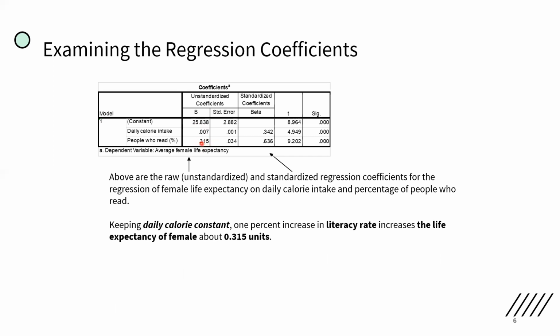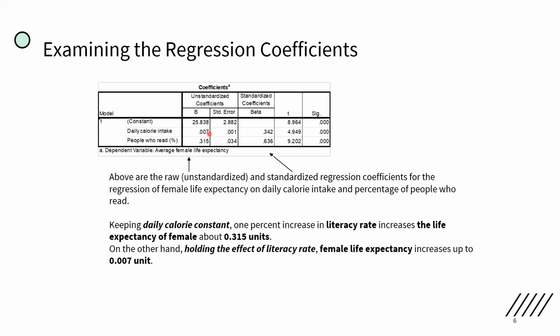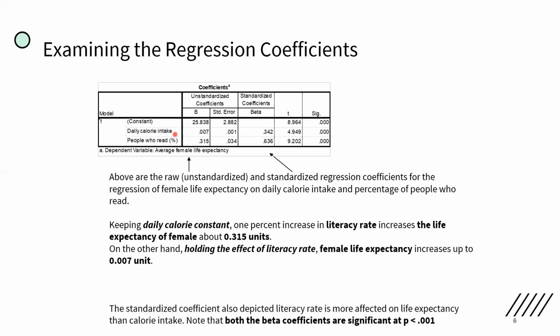It is interpreted as: with a 1% increase in the literacy rate, which is the people who read, female life expectancy increases by 0.315 units, provided that the effect of calorie intake is held constant. While holding the literacy rate constant, female life expectancy increases by 0.007 years with the effect of calorie intake.